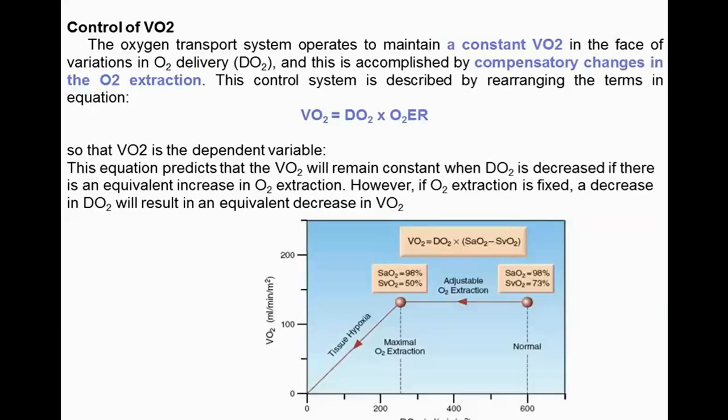We discussed this: which organ or muscle in the body is flow dependent? Dr. Marwan, do you know? Yes, it's the diaphragm. What is the extraction ratio? Oxygen extraction is 80%.